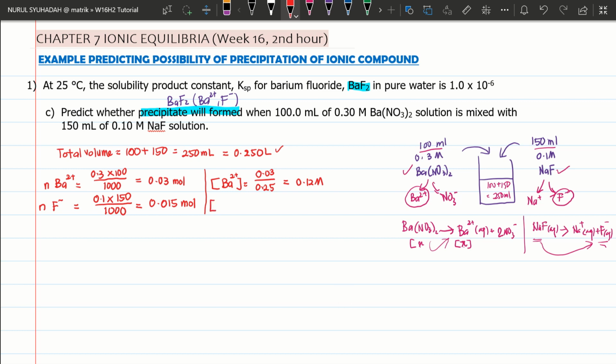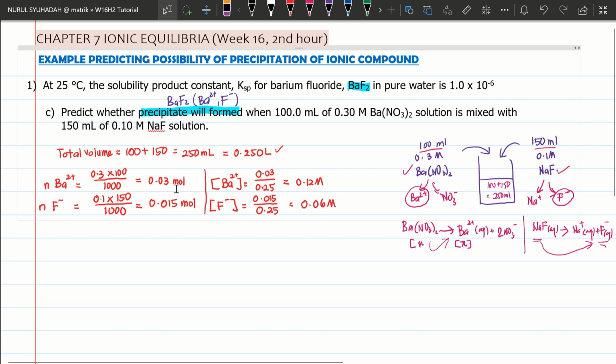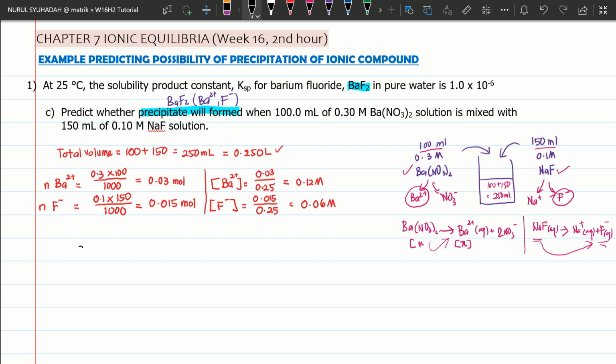And then concentration of F-, 0.015 mole over 0.25. So we get the concentration as 0.06 molar. So once we have the concentration of Ba2+ and F-, then we can put them into our Qsp expression from earlier. I've erased it, so I'll write it again.